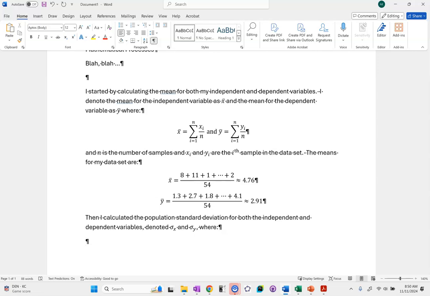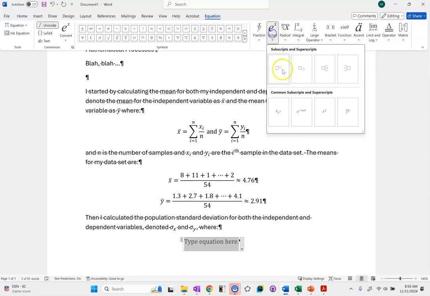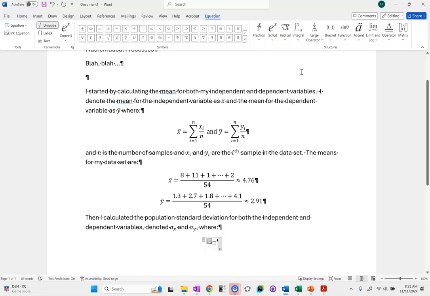So do that, right? Everybody's okay? If you're following along. Okay, now I'm going to type in the formula for standard deviation. I'm going to do it once for x and another time for y.